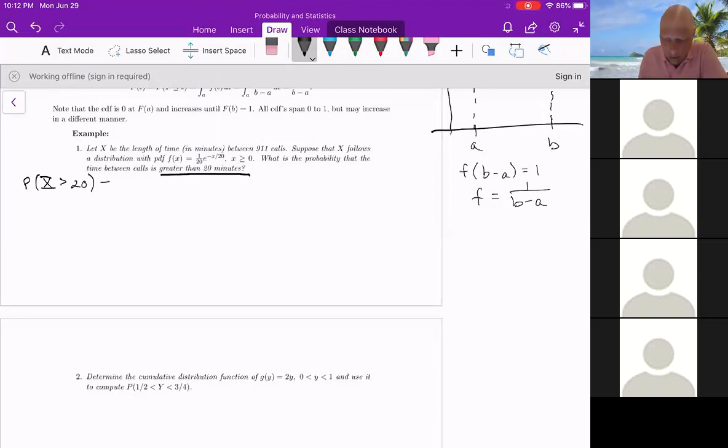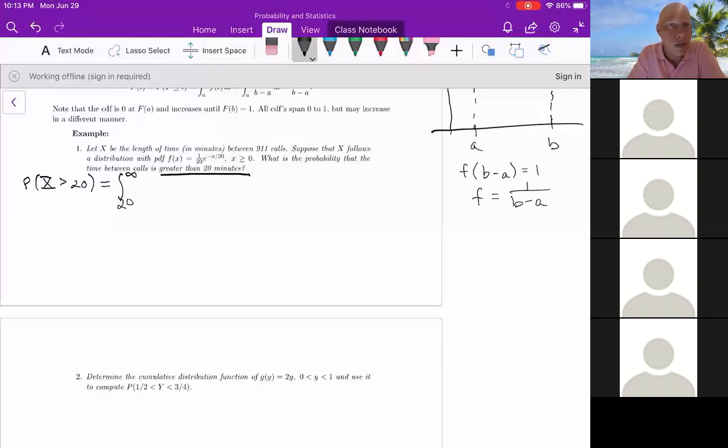According to what we saw earlier, this is going from 20 up to infinity, because we know according to the PDF that's given, x is greater than or equal to 0. So we want x greater than 20, which means we're starting at 20 minimum and going upwards.